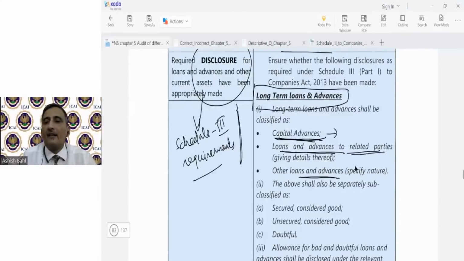Loans and advances to related parties, ये भी स्टूडेंट्स आपको कॉमन पॉइंट है. रिलेटेड पार्टी के बारे में कोई भी ट्रांजैक्शन होगी, so this has to be disclosed separately. तो ये तो आप कभी भूल भी जाएं या एग्जाम में आपको कुछ और समझ में ना आए तो ये तो आप लिख ही सकते हैं. This you can write, this would always be there.